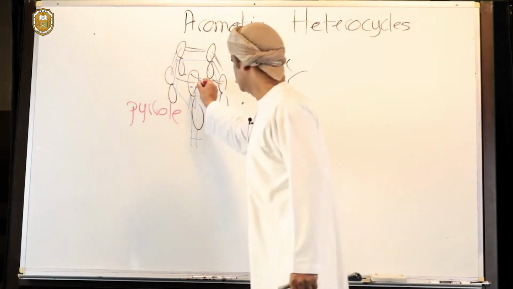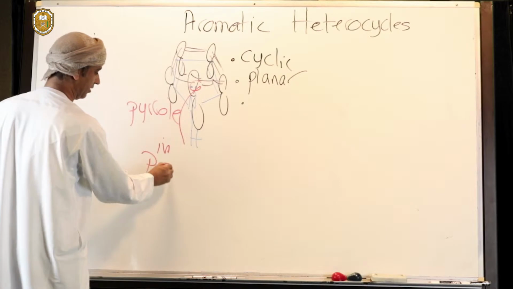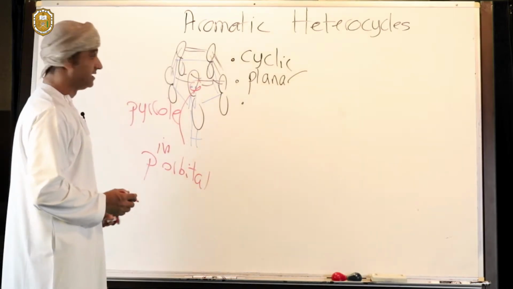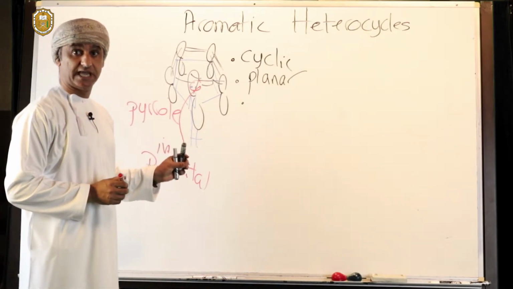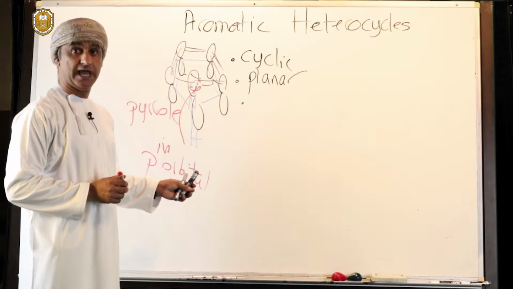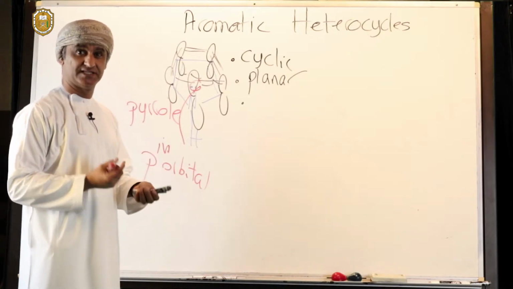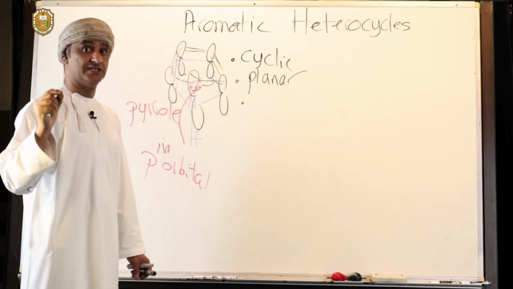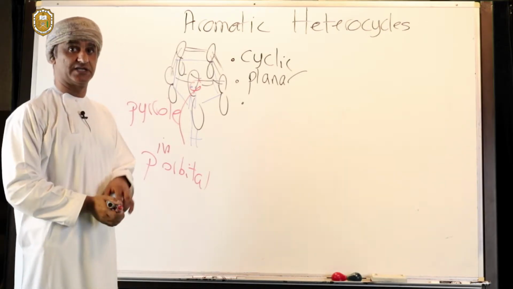So the lone pair is in a p orbital, and this is a significant difference between 5-membered heterocycles, exemplified by pyrrole, and 6-membered heterocycles which contain an imine functionality. Remember, the lone pair on nitrogen in the imine functionality, in pyridine for example, is not inside the pi system, it's actually outside.